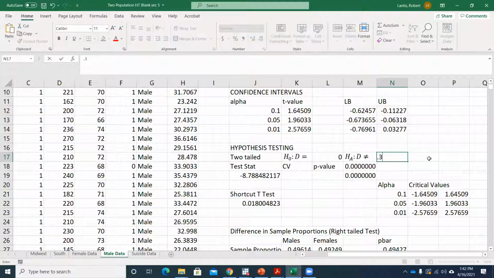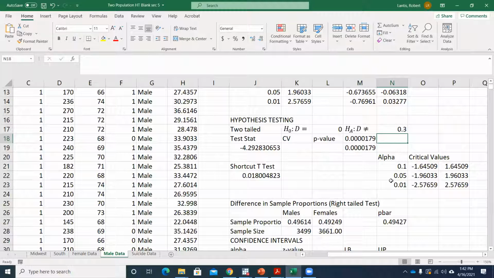I could change this to 0.3, and it keeps updating them, but it doesn't change that T.TEST because the T.TEST can only work with an assumed true difference of 0, right? So that's the only thing the T.TEST shortcut works for. So for what we're doing, like your assignment, it'll be fine. It's easy to use that T.TEST. The problem is if I ever wanted to test against anything other than the assumed true value of 0.